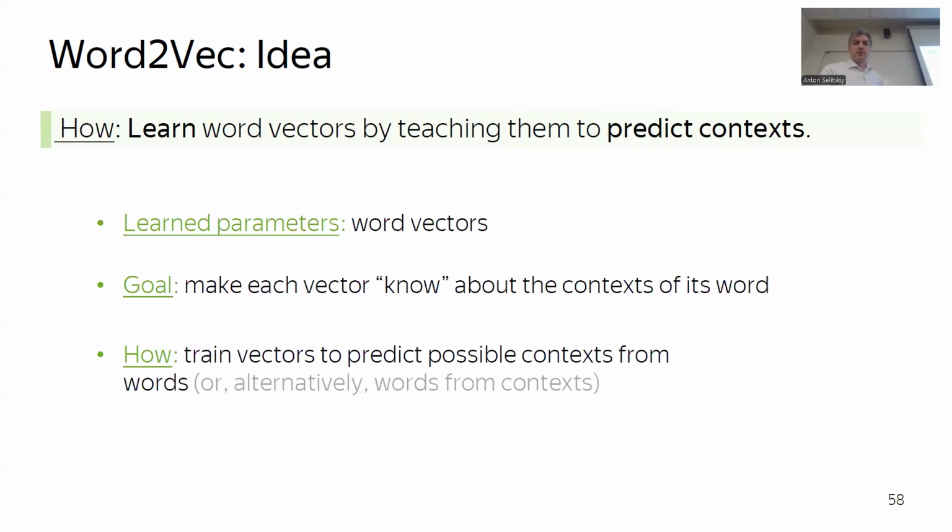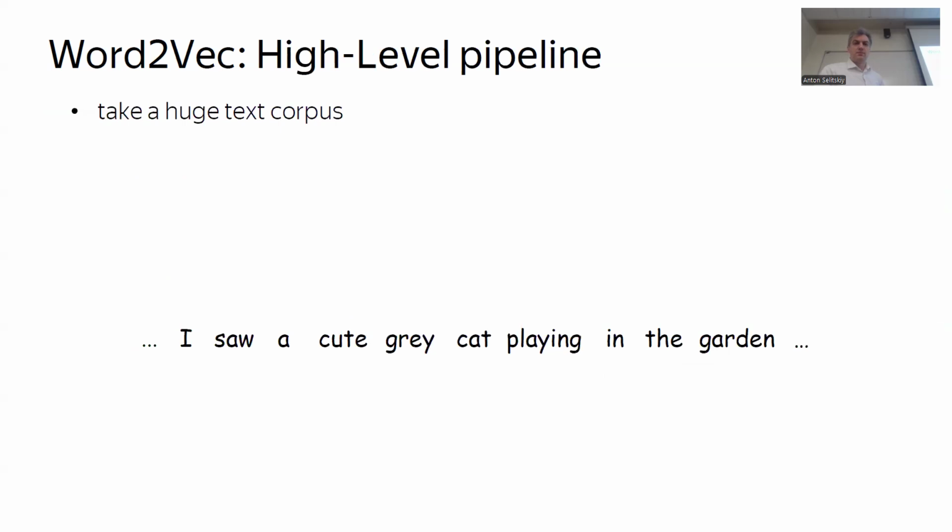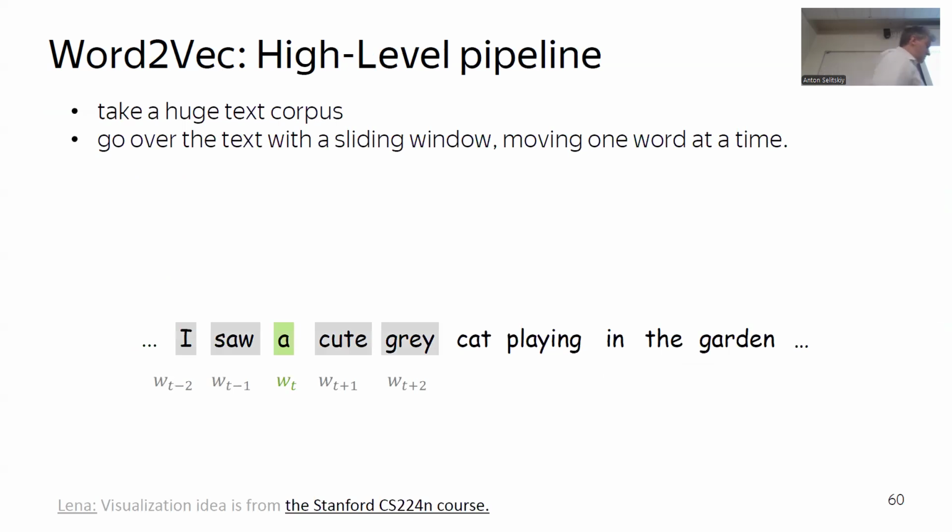So, for example, okay, this is the idea. So again, for each word, we will create two vectors.